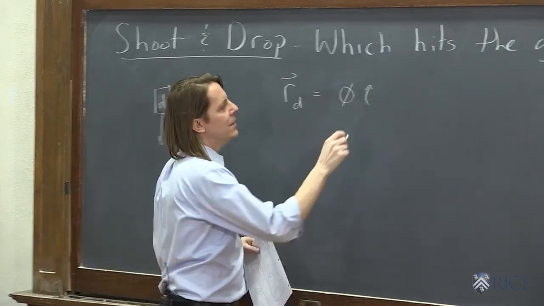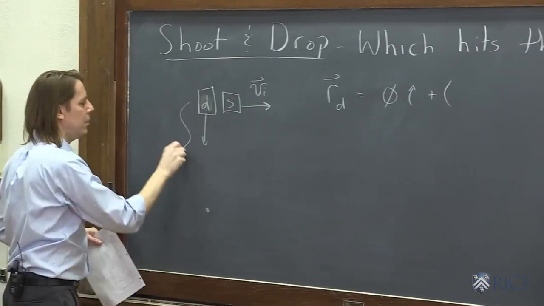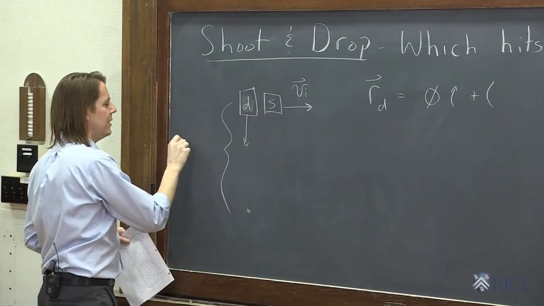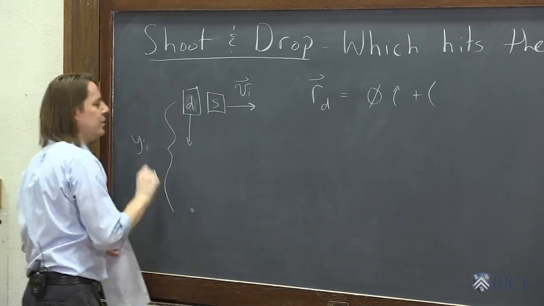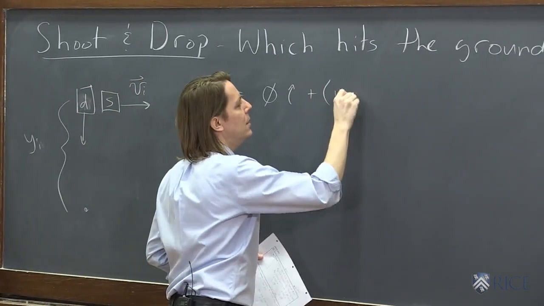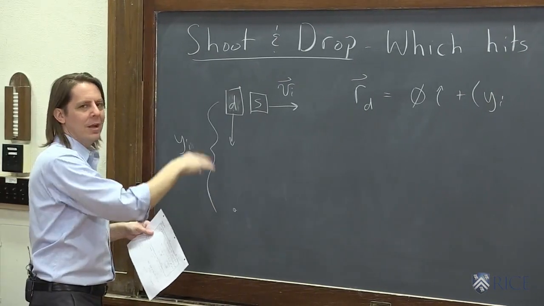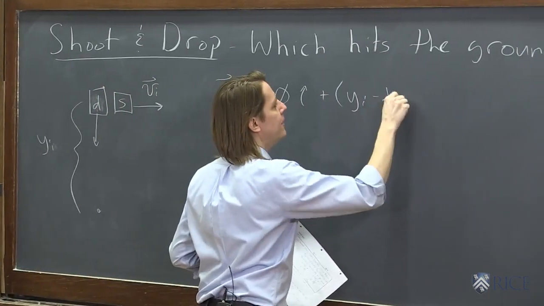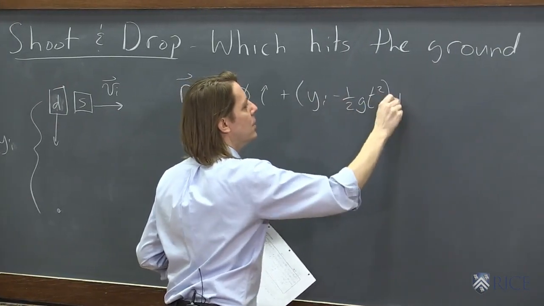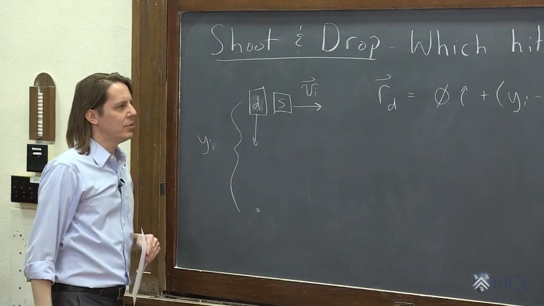In the vertical, the y-axis, it has an initial height, y initial. And then it's going to drop. It has no initial velocity, but it has an acceleration down, right? So I'll put minus 1/2 gt squared j hat, where g is 9.8 meters per second squared.